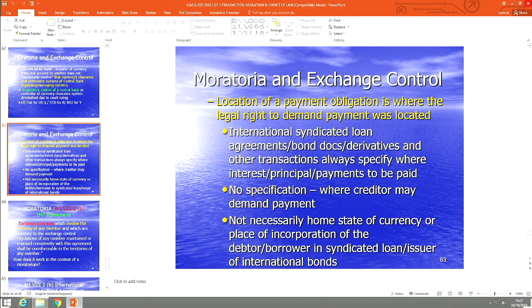Okay. So that's the first rule applicable in relation to moratoria and exchange control. How far does the governing law, the expressly chosen governing law, control the transaction to the exclusion of governmental moratoria, which seeks to interfere with the payment obligations in an international financial transaction?